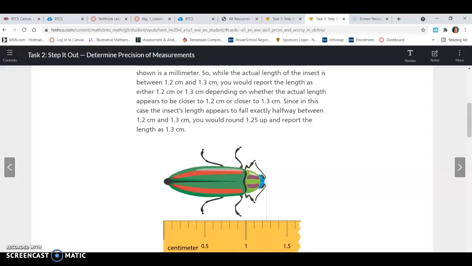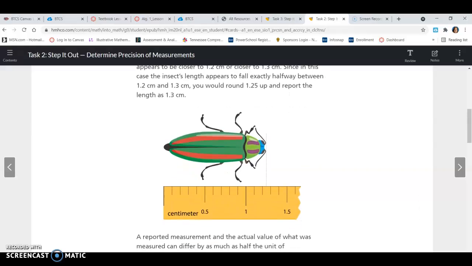So while the actual length of the insect is between 1.2 centimeters and 1.3 centimeters, you would report the length of either 1.2 or 1.3, depending on whether the actual length appears to be closer to 1.2 or closer to 1.3. Since in this case, the insect's length appears to fall exactly halfway between, you would round to 1.25. That rounds up to 1.3.